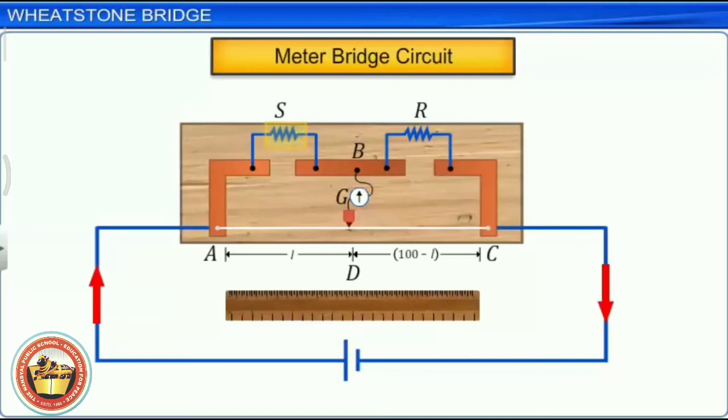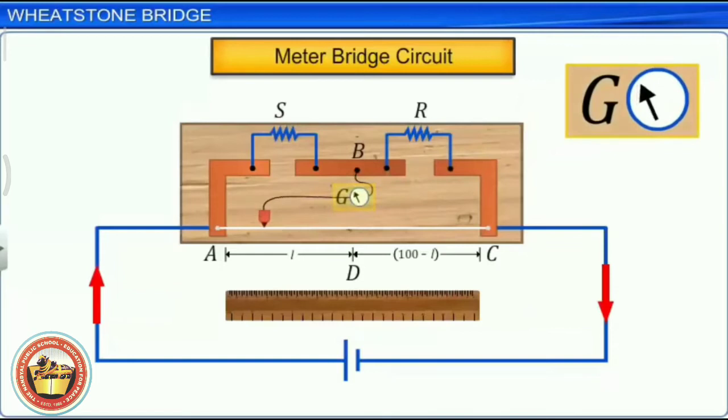The S resistance is connected at the left gap of the meter bridge. The knife edge end of the jockey slides over the metallic wire, A to C or A to D. At a particular length the galvanometer shows null deflection, meaning no deflection.